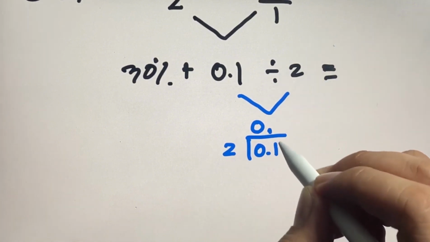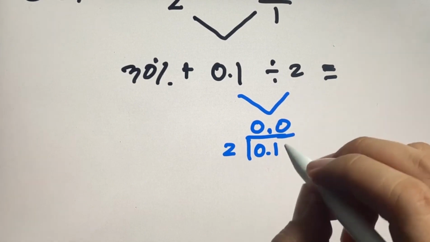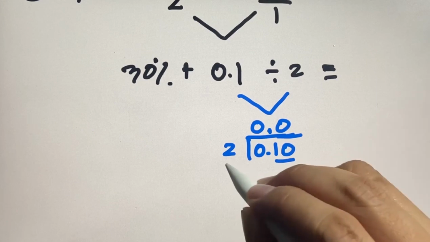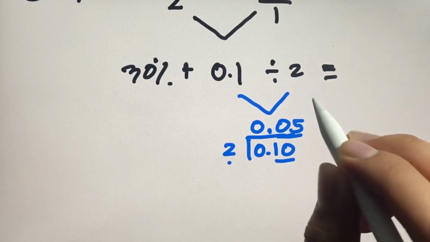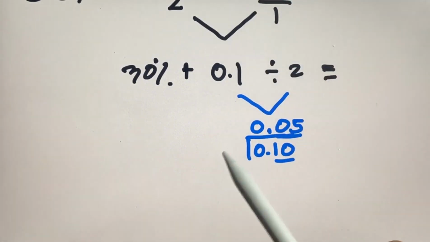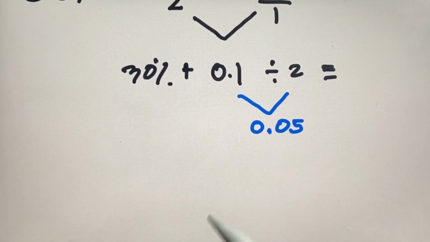And then we will have 0.1 divided by 2, that would still be 0. We introduce another 0 here. 10 divided by 2, that would be equal to 5. So therefore, the quotient for dividing 0.1 by 2 is equal to 0.05.